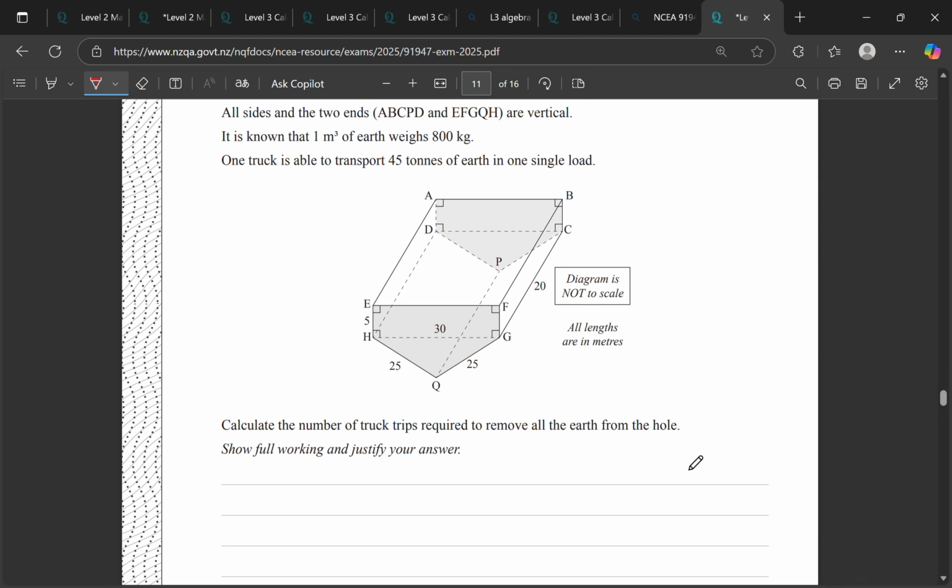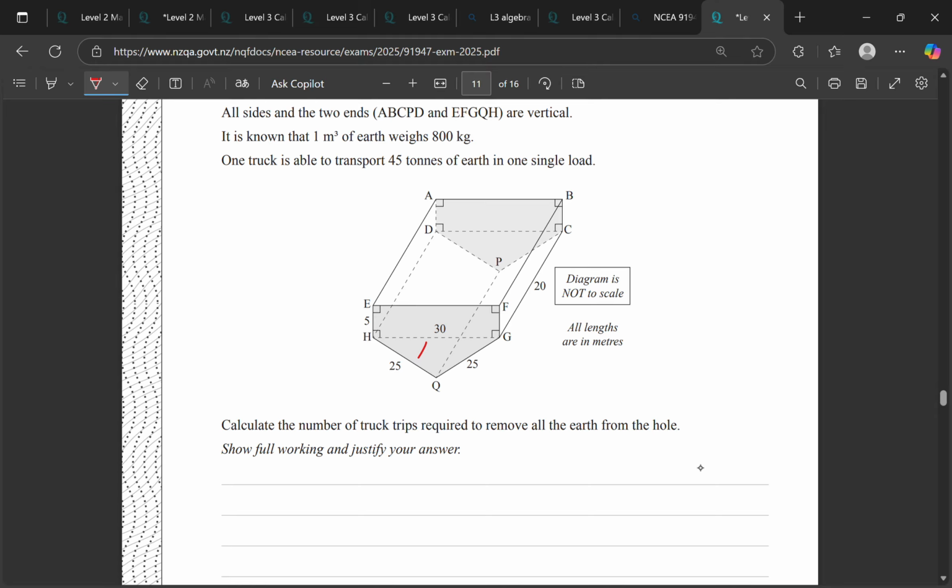So first of all, it's no problem finding the volume of this cuboid, right? But the bottom one is a triangular prism, which can be challenging. So to do that, I believe we have to find the area of this triangle, right?